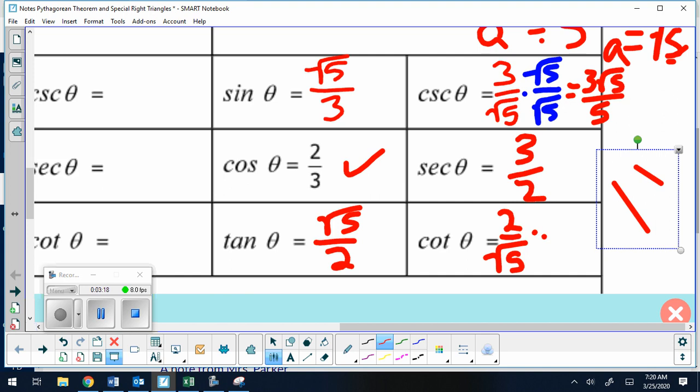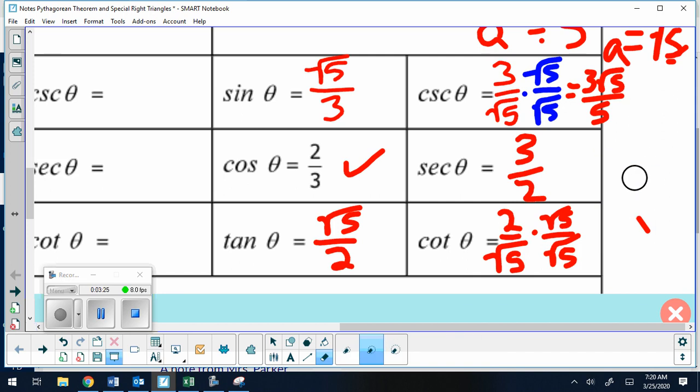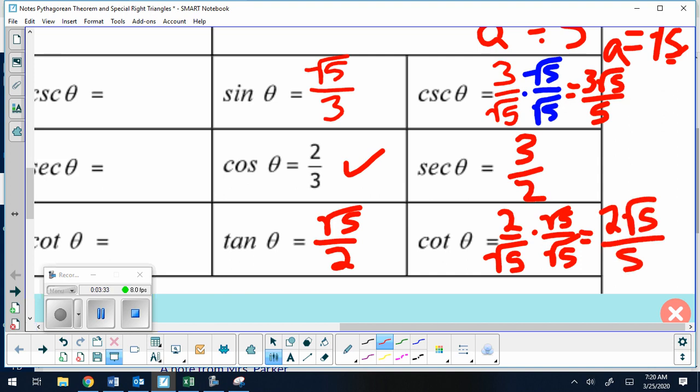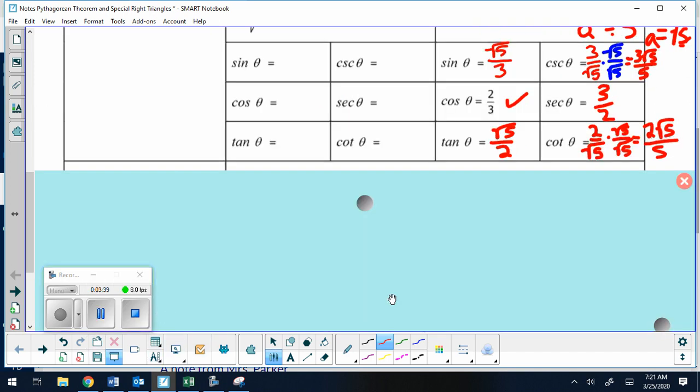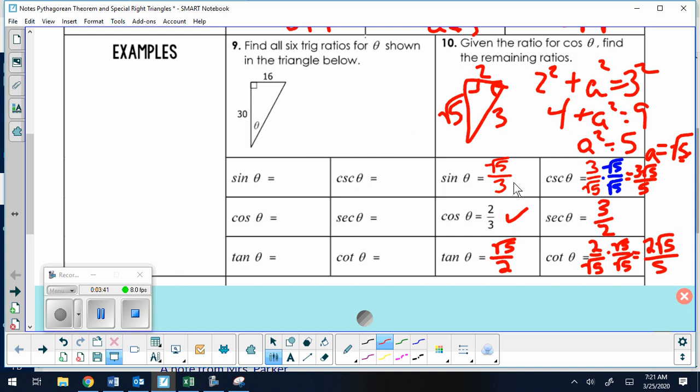And again, rationalizing that denominator, so 2 square roots of 5 over 5. And there you have your 6 trig functions for this triangle.